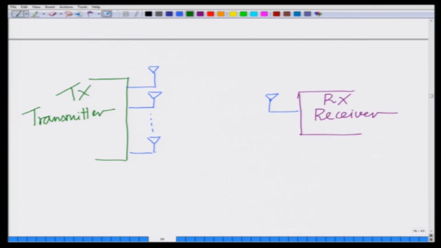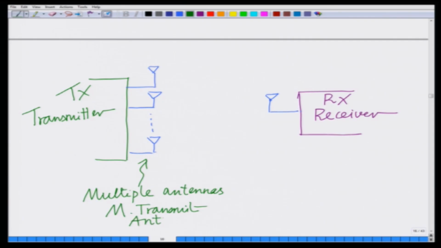So this is my transmitter and there are multiple antennas, let us say M transmit antennas, and there is a single receive antenna at the receiver.